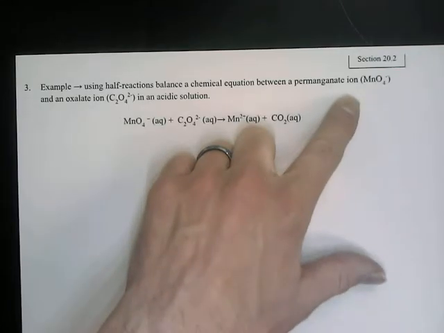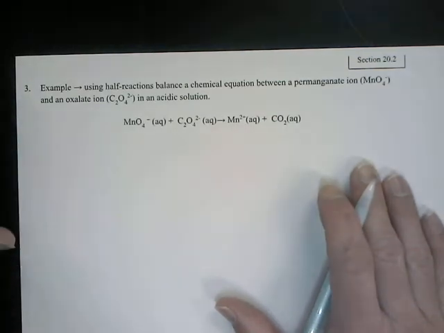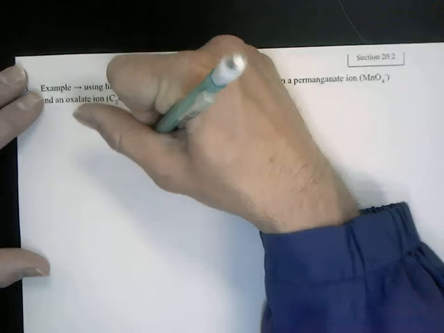Okay, so we have a chemical reaction that we want to balance via half reactions where we have the permanganate ion, MnO4-, and the oxalate ion, C2O4 2-, and it is in an acidic solution. So again, we always start out and we break apart these oxidation and reduction reactions.